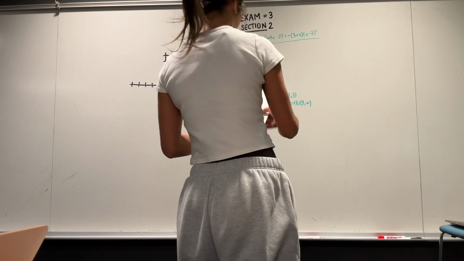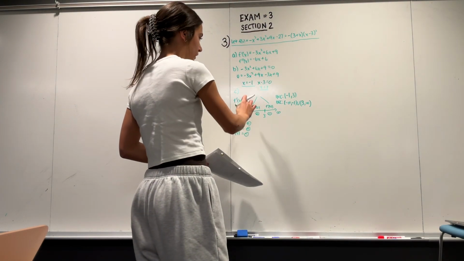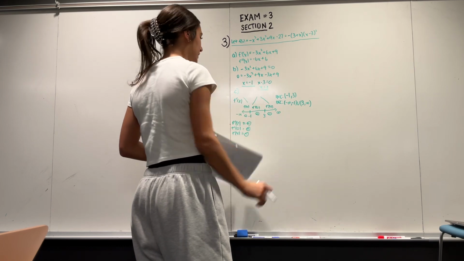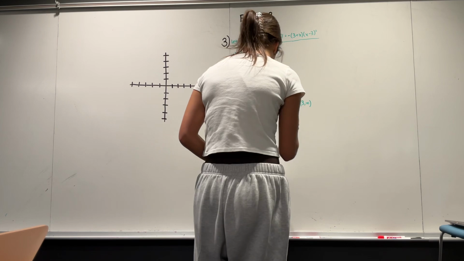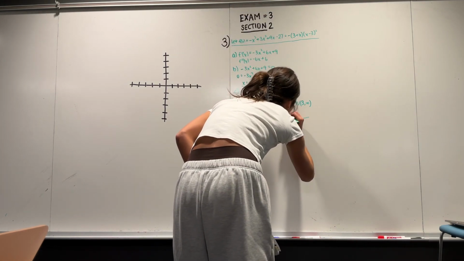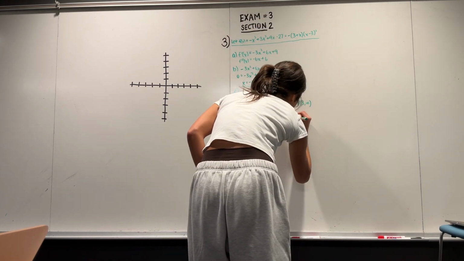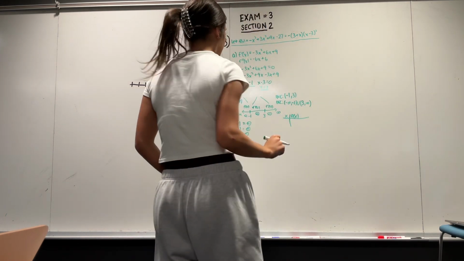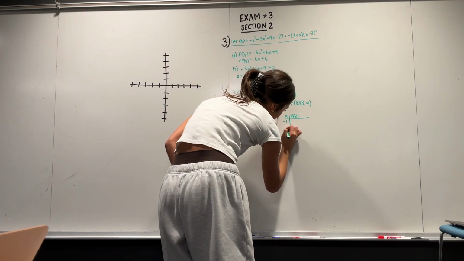And then to find our maximums and minimums, obviously we can see that this is probably min, this is probably max, and so on. But we need to find the y value, so we're going to make a little table with the critical points. It'll be x, and then the original f of x equation, so the one from the top. And then our critical values, negative 1, and then 3.